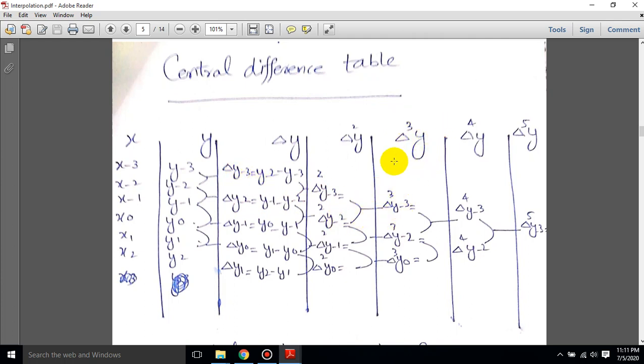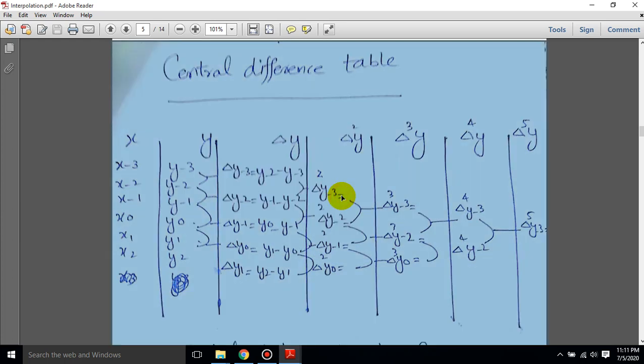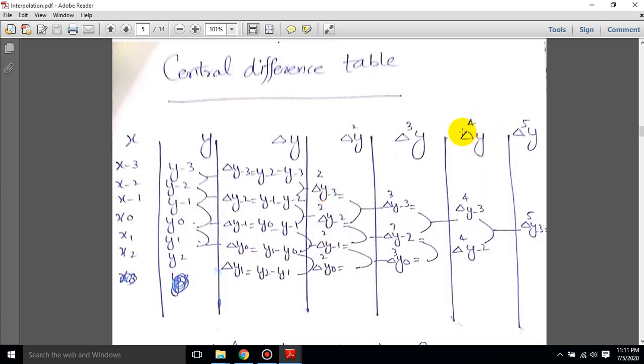Then we move to del cube y, that will be equal to this value minus this value. And in another part of that table, del 4y will be equal to the difference of the del cube values, and then we're going to move further.